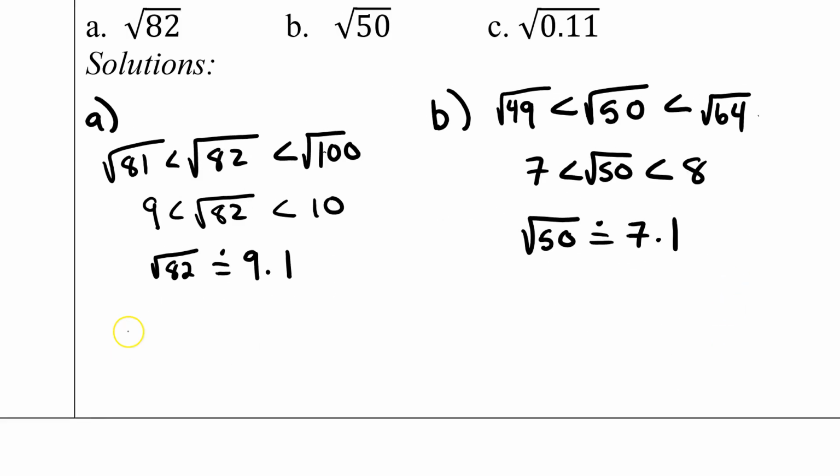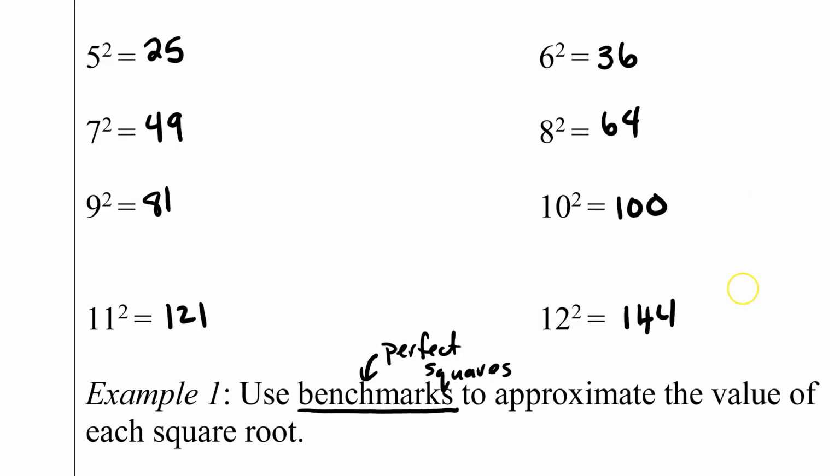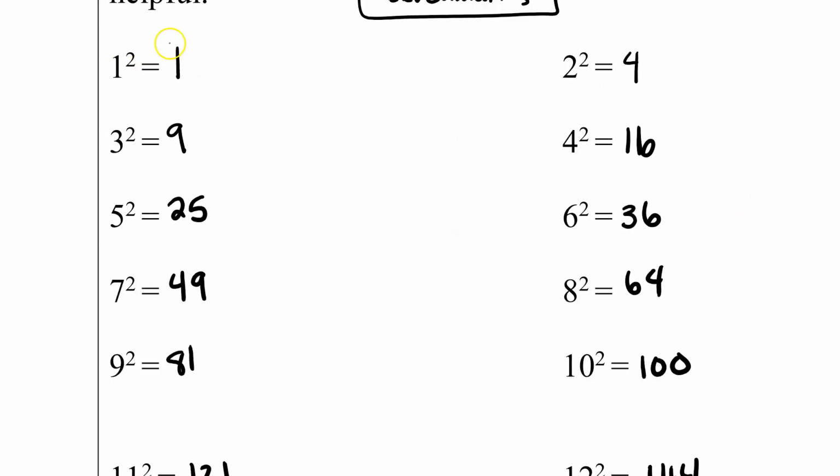Okay, let's look at this C. Now, I'm noticing that I don't have any decimals here. So this one right here, I know it's going to be less than 1, but let's use what we know of perfect squares and combine it with decimals.